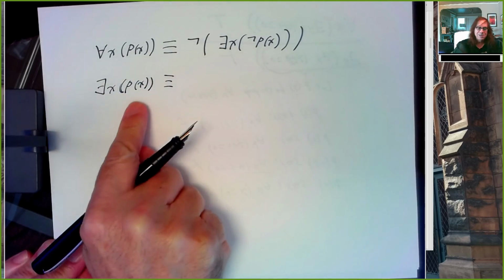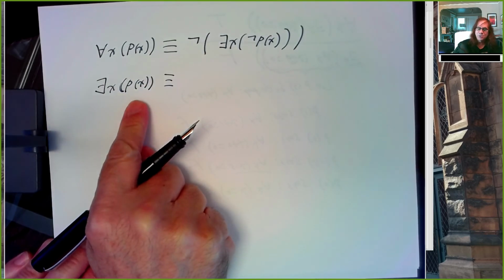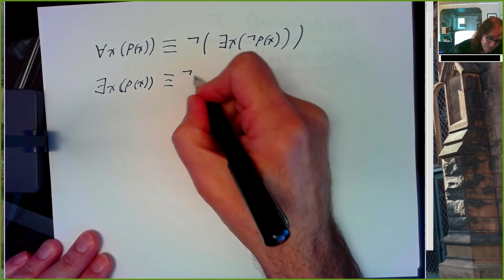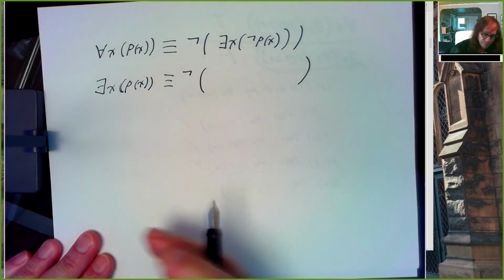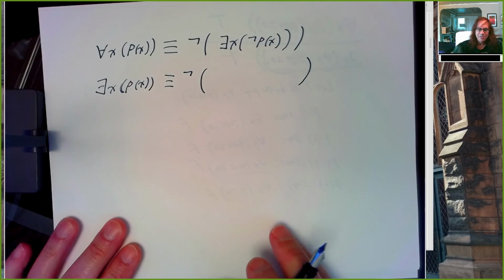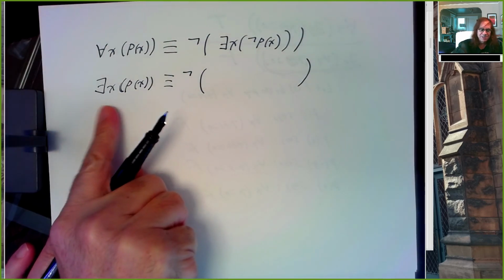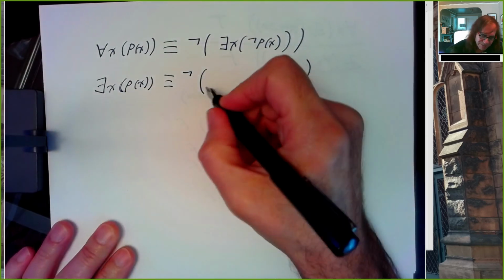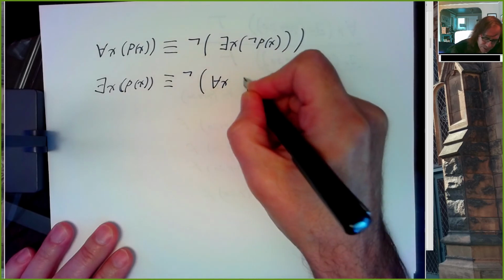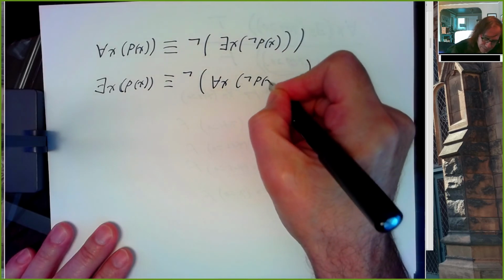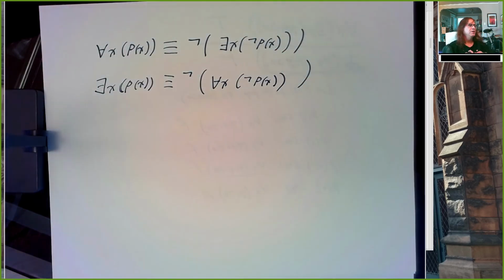This says there's at least one x for which this is true. The negation of that would be, well, if there's not at least one x for which this is true, then for all x, this must be false. So those are logically equivalent.